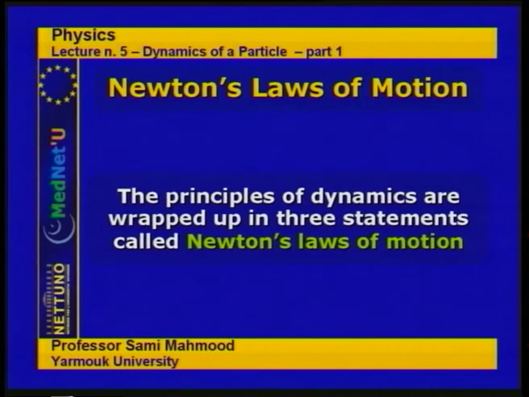When we study the dynamics of an object which moves like a particle, according to our assumption, meaning every part of the object moves in exactly the same way, same direction, the principles which describe the dynamics, the motion of the object under the influence of the force and the relation between the motion and that force, all of these principles are wrapped up neatly in three statements, and these three statements are called Newton's laws of mechanics.